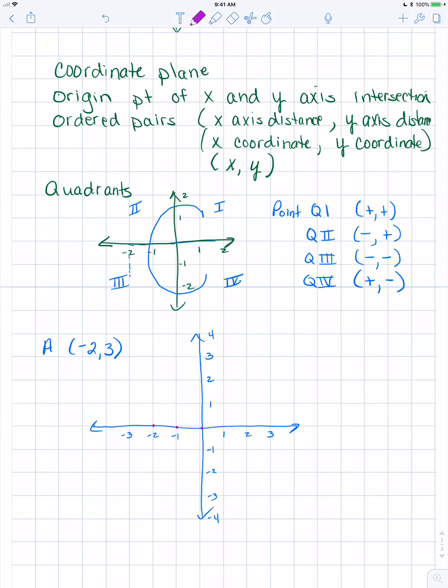So here's 1, 2, -2, and then 3 units on the y-axis. So we're going up to here. So this would be A. Now, can you tell me what quadrant that's in? Well, if you look above, that would be in quadrant 2. Okay, so hopefully you're getting the hang of being able to use those points and know where they are in our coordinate plane.